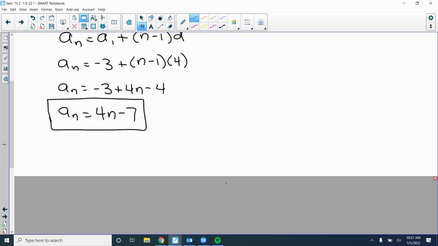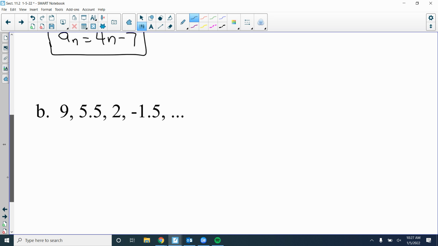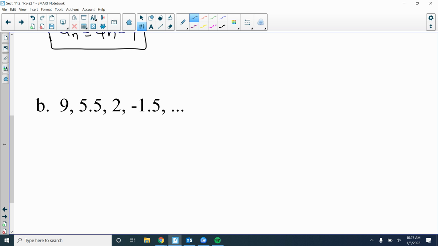All right, the second one. Copy down those values. Probably not as obvious. The first one you looked at, you said, yeah, d is 4, I can figure out what's going on. This one, you might have to look at a little bit closer.